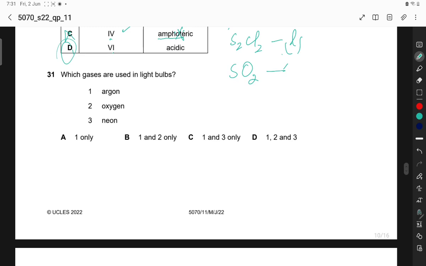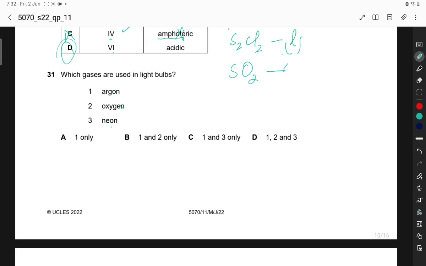Which gases are used in light bulbs? Argon, oxygen, neon. Argon is used in light bulbs. Neon is used in advertising lights.